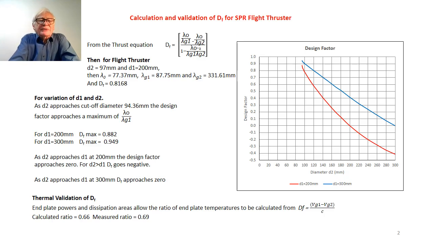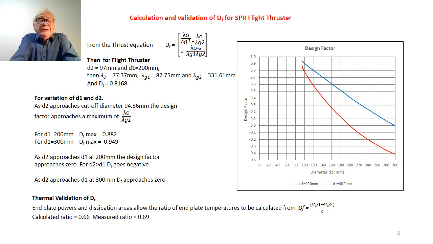This is not surprising because what we're actually doing is increasing the small end diameter until it's as large as the large end diameter. So we end up with effectively a cylindrical cavity rather than a tapered cavity, and you'll get no thrust out of it. The design factor is 0.